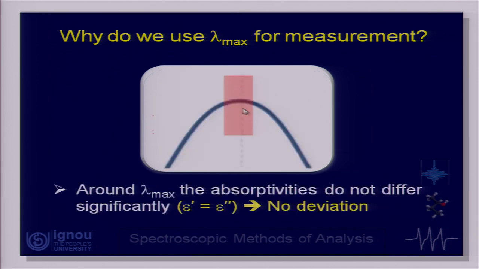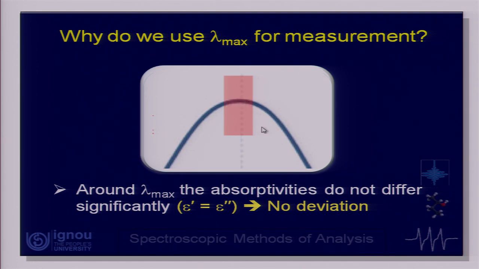The reason is, suppose this is my lambda max, and my instrument is not providing monochromatic radiation, meaning radiation of only this particular wavelength. If I need a wavelength of 100 units and there is a spread of three wavelengths, 99, 100 and 101, we find that the absorptivities at these three wavelengths are not much different.